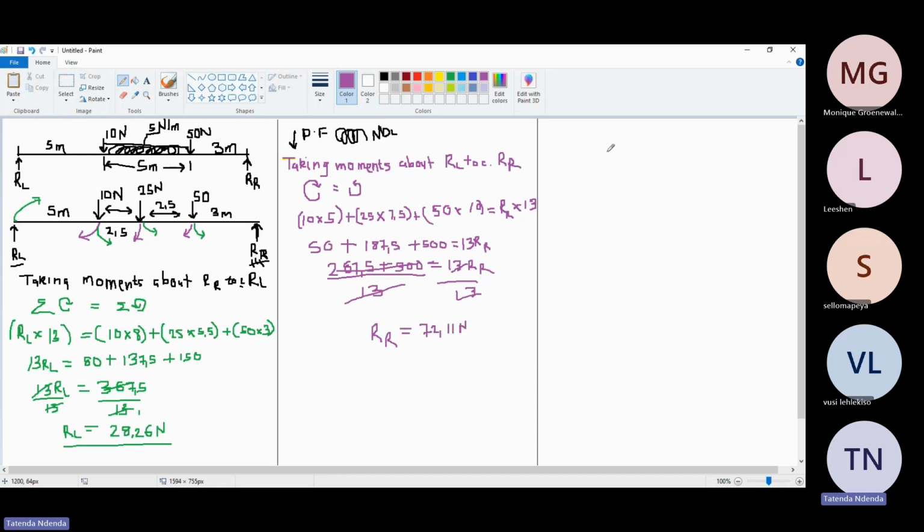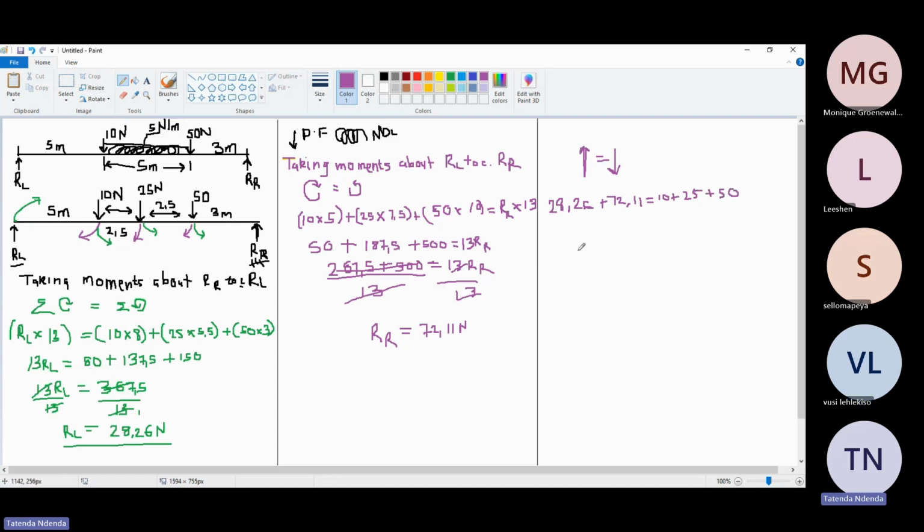72.11 newtons. So now we have to take the test. 28.26 plus 72.11 is supposed to be equal to 10 plus 25 plus 50.